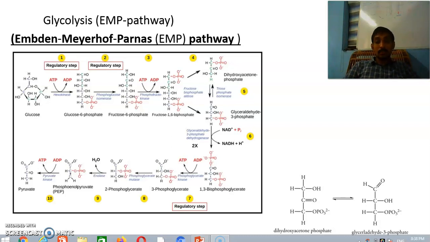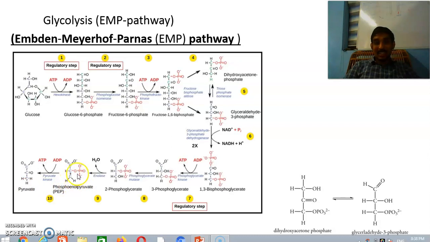And that phosphoenol pyruvate, actually it is a 2-phosphoenol pyruvate, because one phosphate group is present at the second carbon atom. This 2-phosphoenol pyruvate is then converted into pyruvate.